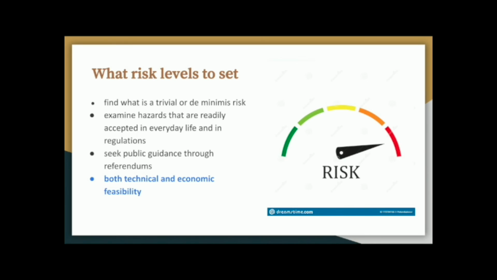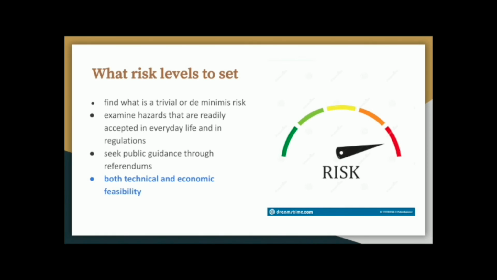A second approach is to examine hazards that are routinely accepted in everyday life and in regulations. A third is to seek public guidance through referendums or through the action of elected representatives. It is interpreted to mean both technical and economic feasibility.